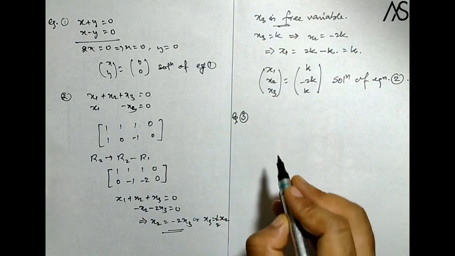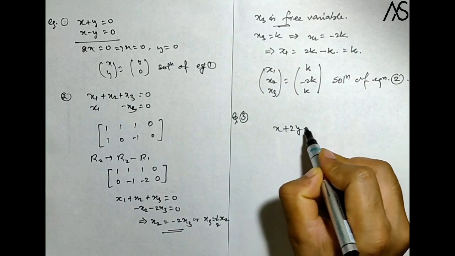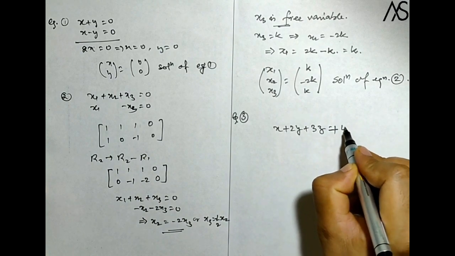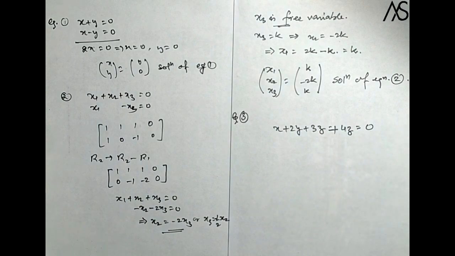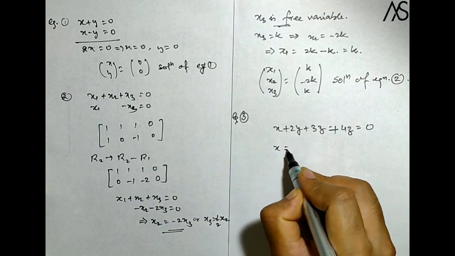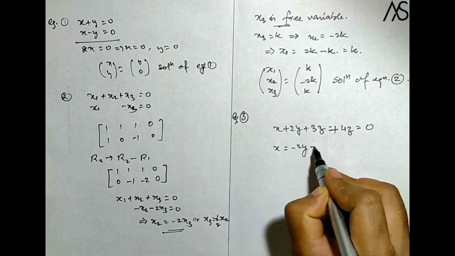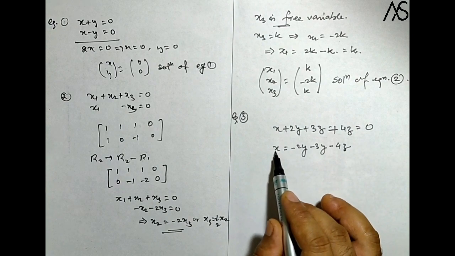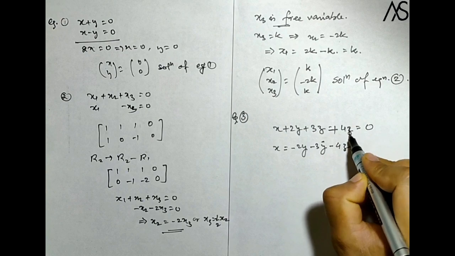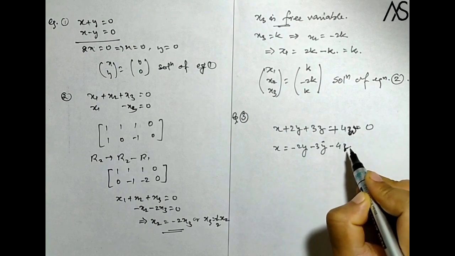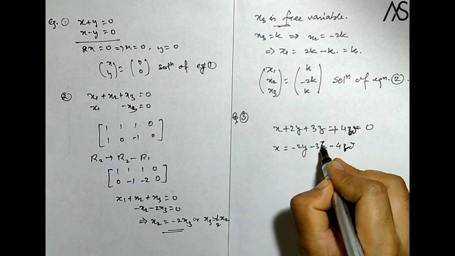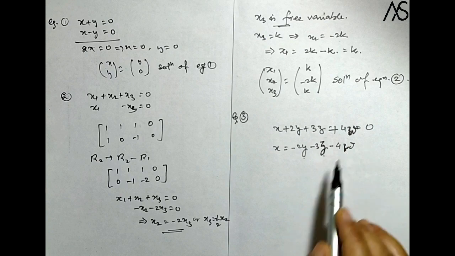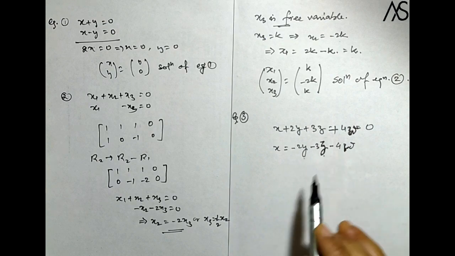Suppose I have a system x plus 2y plus 3z plus 4w is equal to 0. Then if we write x is equal to minus 2y minus 3z minus 4w, the x is totally dependent on y, z and w.